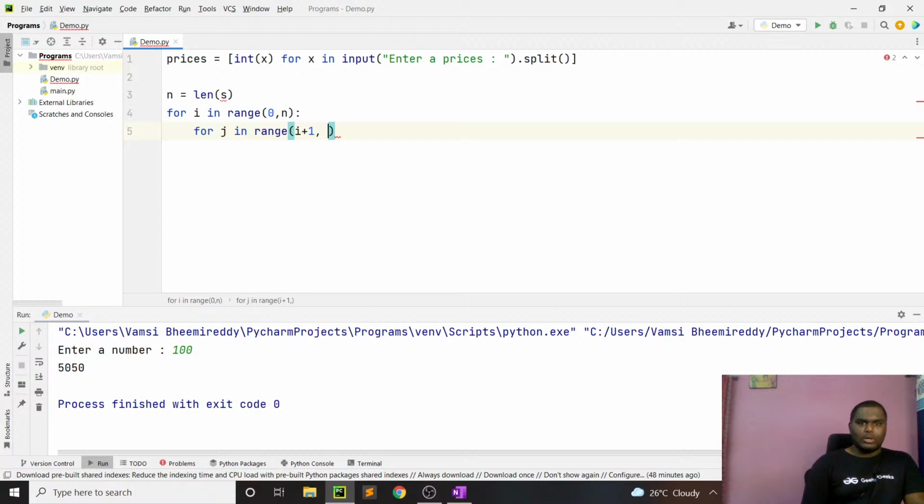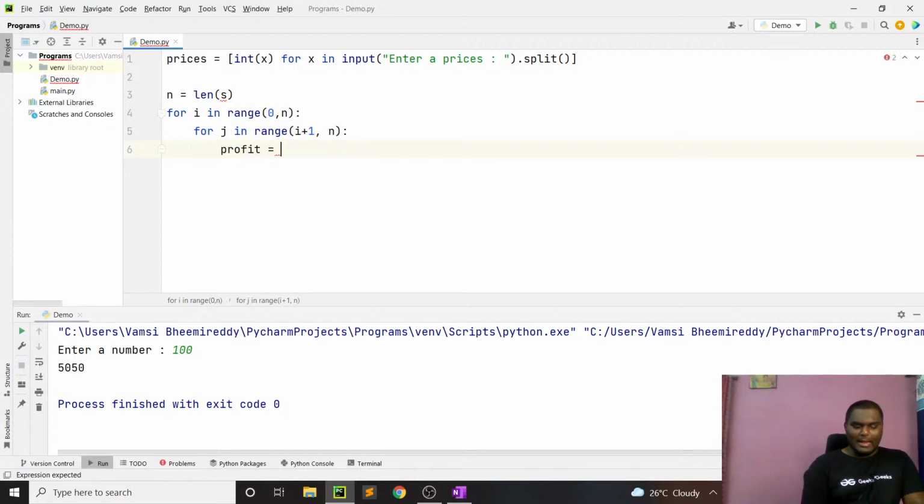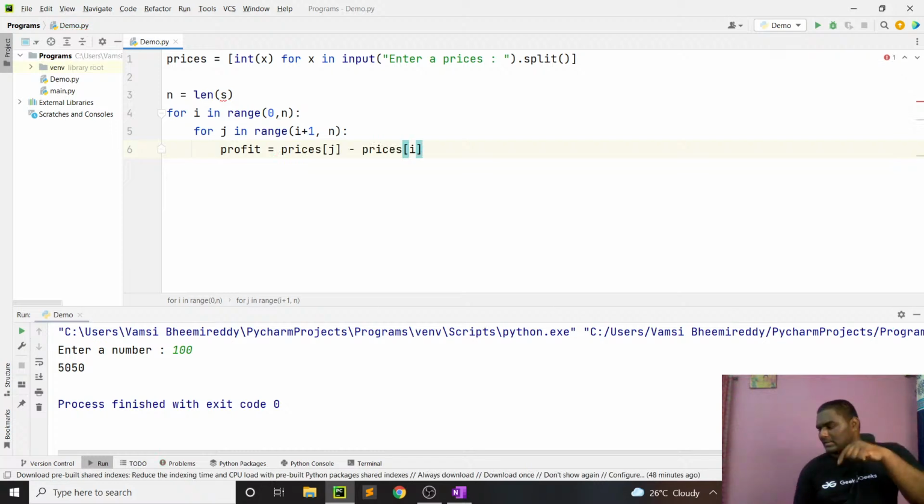Now you will be calculating the profit for that particular transaction. It would be prices of j, where you are selling, minus prices of i. So the ith index is the buy option, right?